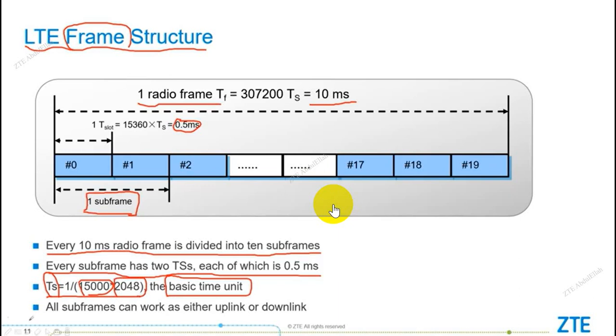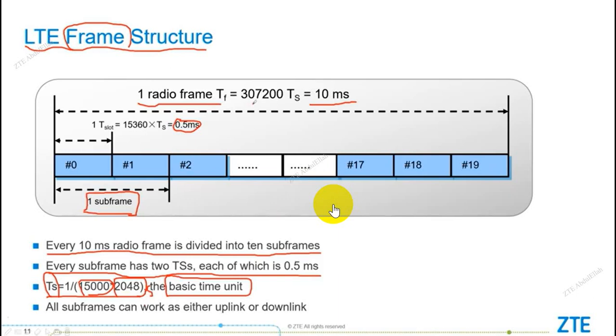But here you should know how 1 TS is calculated, and the unit is second. So that means 1 TS is equal to 1 divided by 15,000 multiplied by 2048 seconds. So now we know the relation between TS and the second.